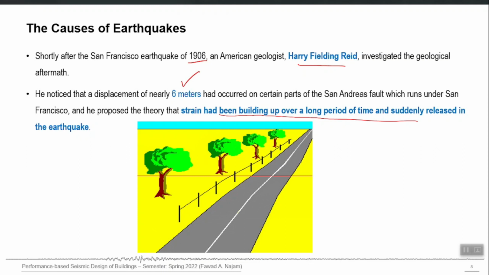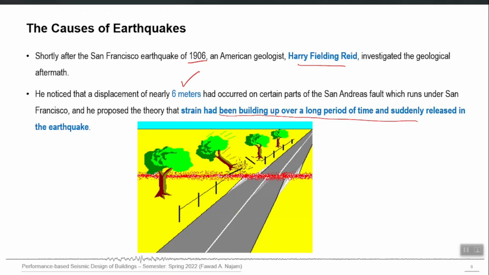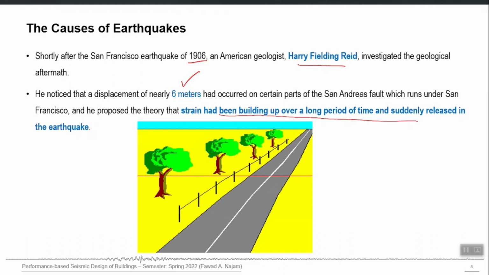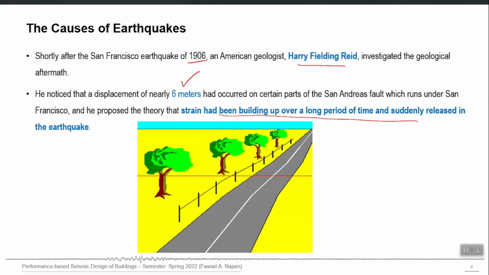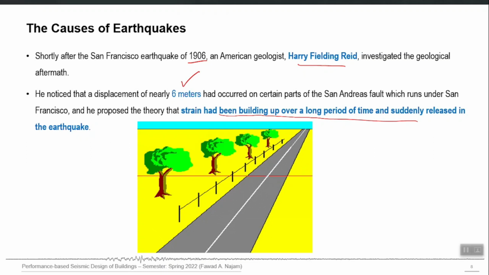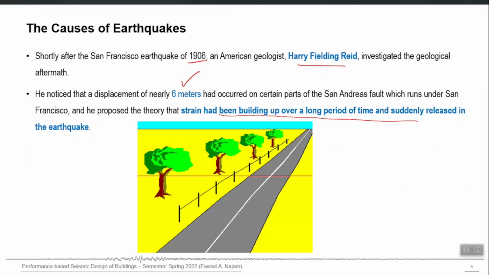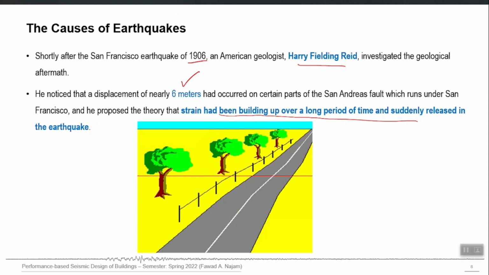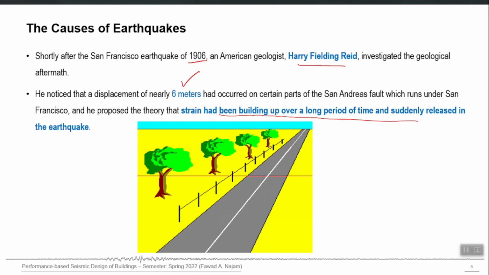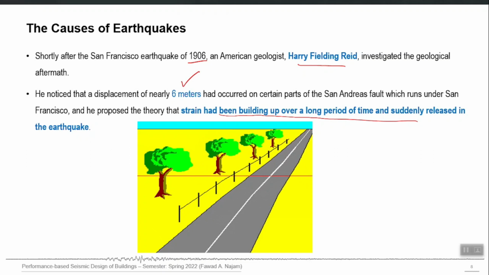There was a sudden slip along that fault line, right? So the two pieces of land keep on resisting the movement up till a certain time, but then the stored energy was more than their capacity. They slipped and got to a new position, right? And that new position has a relative displacement of more than 6 meters roughly, right?